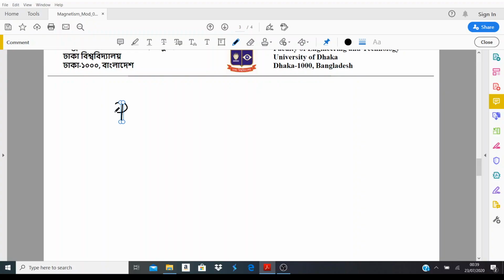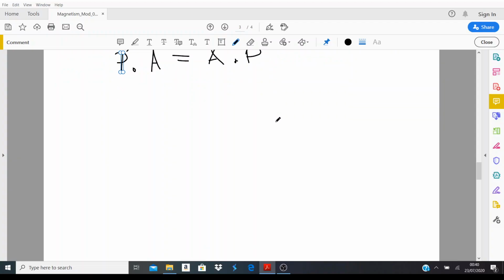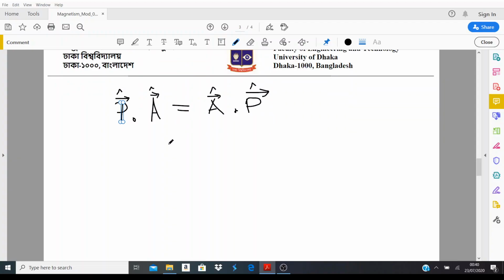Let's not worry about the index i because it's common. Let me show that p and the magnetic vector potential indeed commute with each other. So these two terms should be equal. It means that you can change the order.